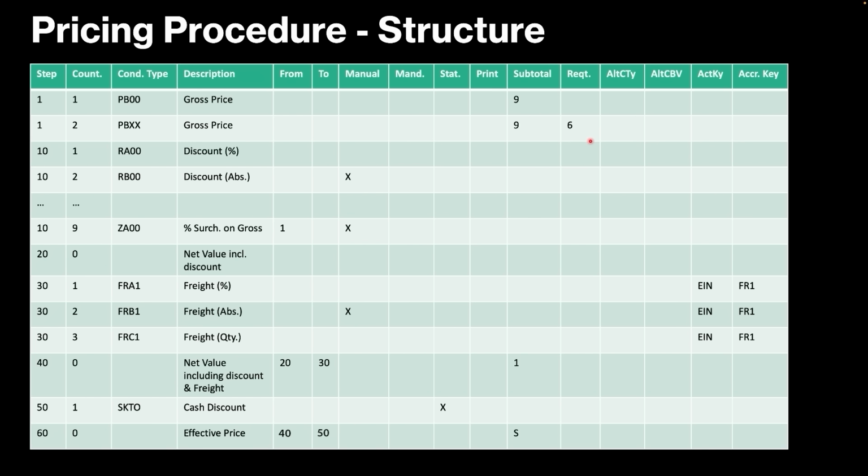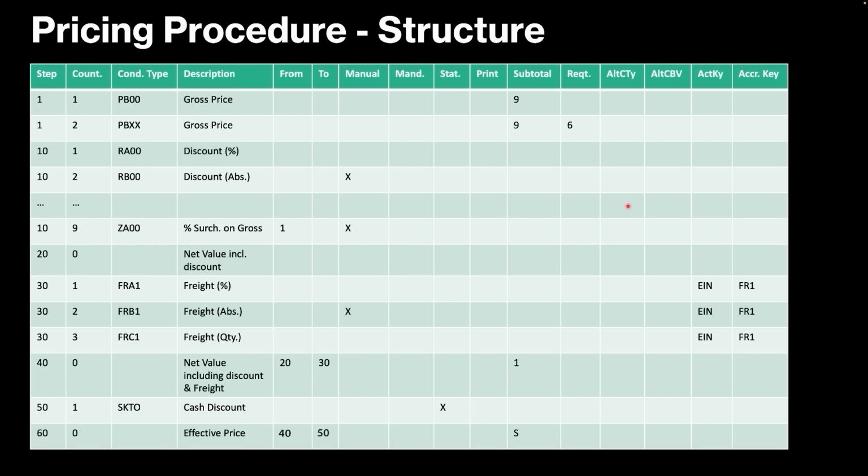Okay, then you have these two columns called alternate calculation type and alternate calculation base value. As we saw earlier, we have different calculation types like percentage based, quantity based, or absolute. If you want a deviation from that calculation type, then you can enter a routine in this particular column.